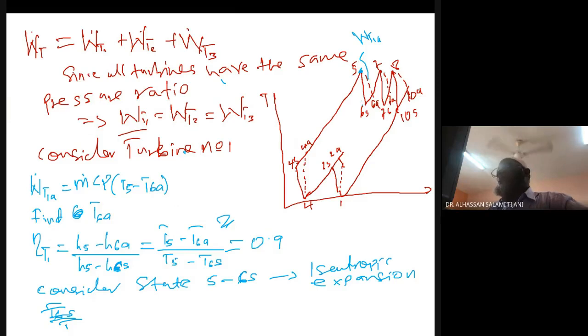P5 divided by P6 is not given, neither is P7 divided by P8. Oh, what I did here was wrong. So we have 6, 7, this should be 8, and then we have 9 over here, and then 10.